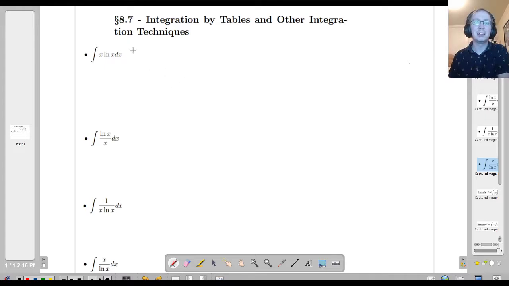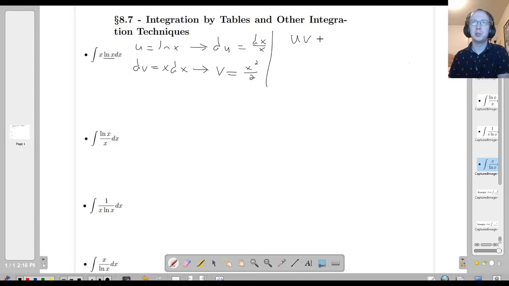Using LIATE, logarithmic part, yes, I do have that. So u is going to be that logarithmic part, which means dv is x dx. Okay, if I take a derivative and integrate, du is going to equal 1 over x dx, and v is going to be x squared over 2. So integration by parts tells me to do uv minus the integral of v du.